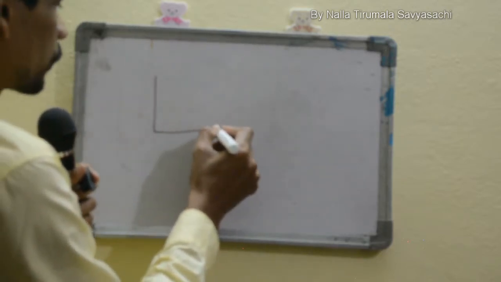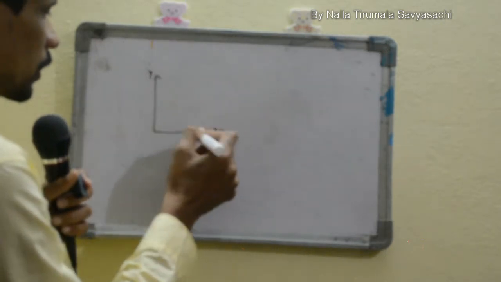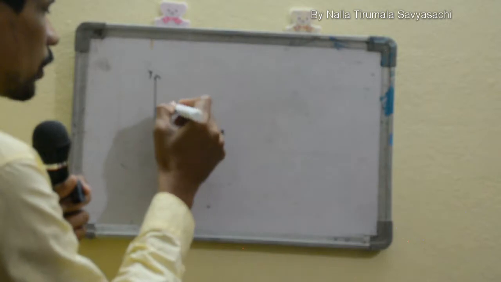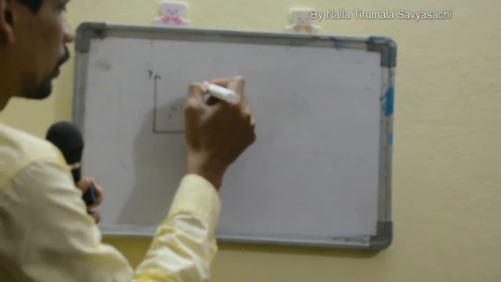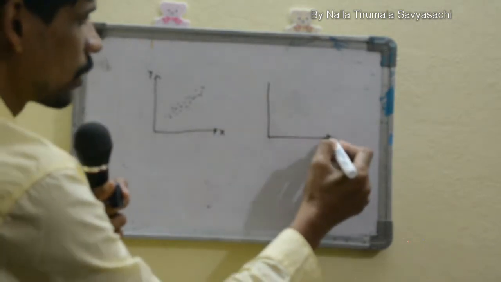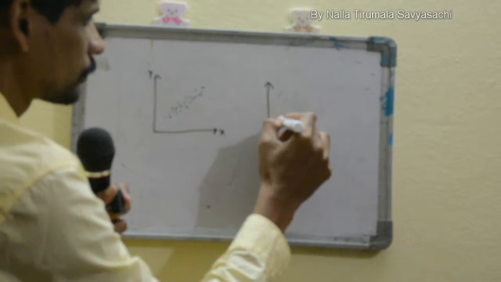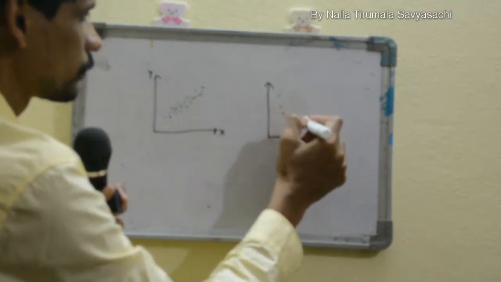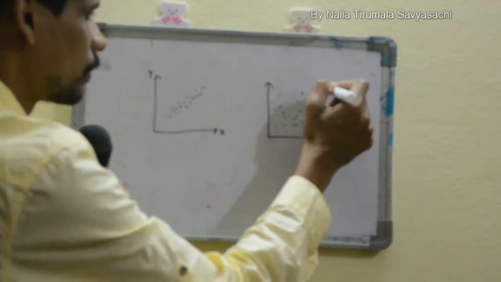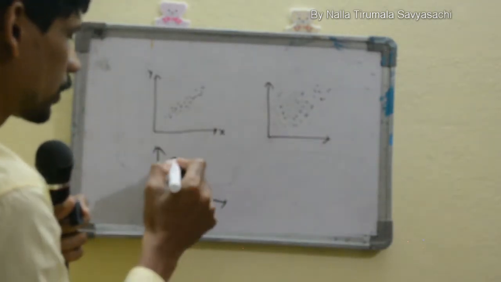For example, let's consider we have some set of data in the xy direction, like this. Let me draw some other graphs also. So we have four kinds of data.